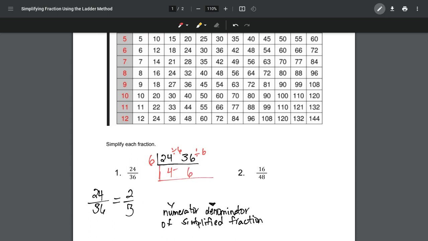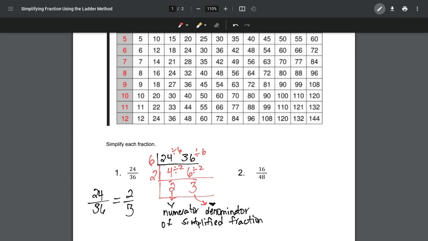Now, what number will go into both 4 and 6? Well, that's a 2. 4 divided by 2 is 2, and 6 divided by 2 is 3. The only number that will go into a 2 and a 3 is 1, so stop. And this is your numerator, and this is your denominator.